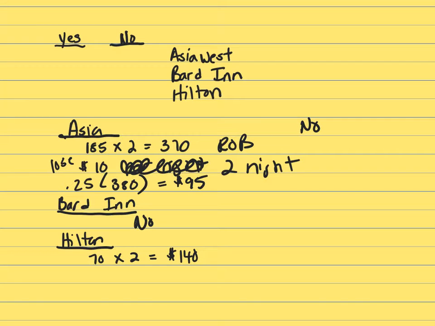So they are losing how much? It's a difference of $70 between in block and out of block. So they're losing $140 for a 2-night stay. All right.